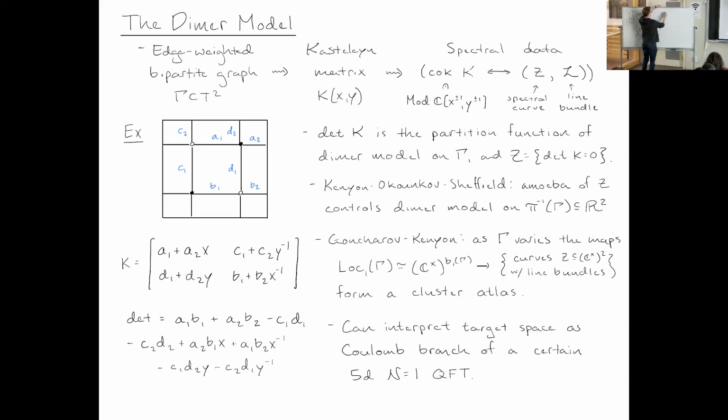There's some notion in physics that when you have a suitable supersymmetric QFT in different dimensions, you get various geometric objects out of it. And one of them is the so-called Coulomb branch. It has been of big interest from a range of mathematical perspectives to recognize different mathematical objects as Coulomb branches of different theories.